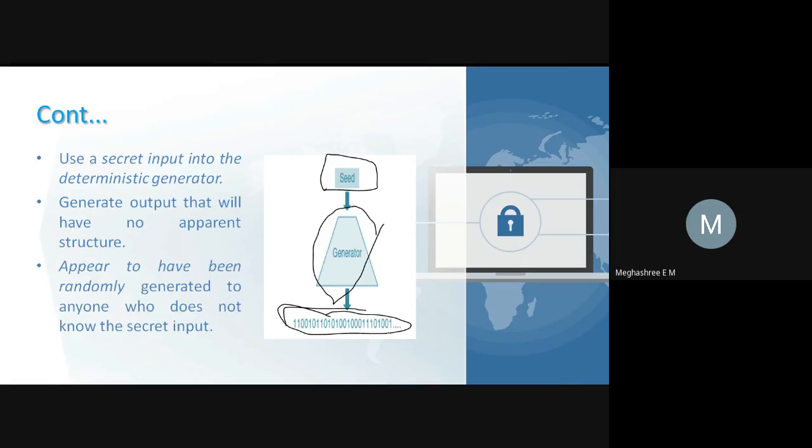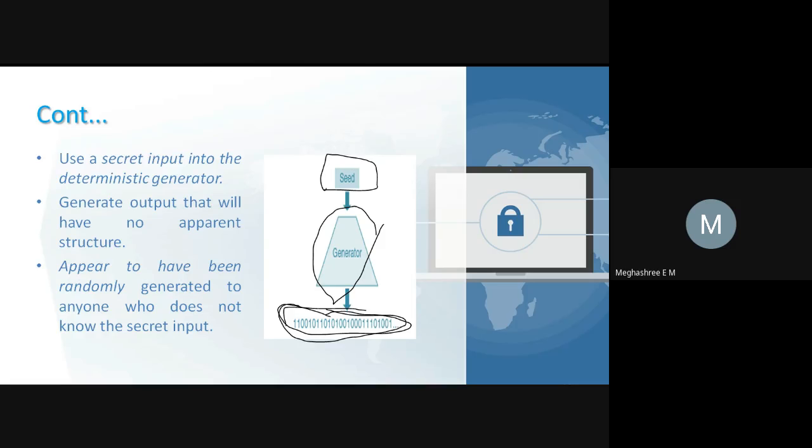Those who are not aware of the input you have fed to this generator will not be able to find out that the output they have got here is not truly random. Why? If the attacker knows the input, then it is easy for him to find out the output of a deterministic random number generator.